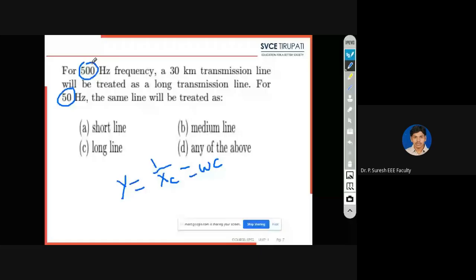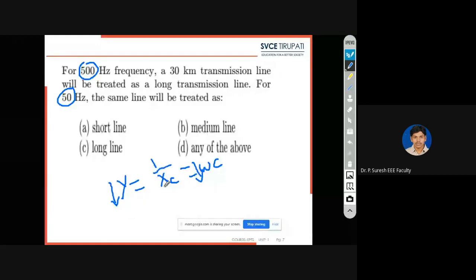When the frequency decreases 10 times, admittance obviously decreases.